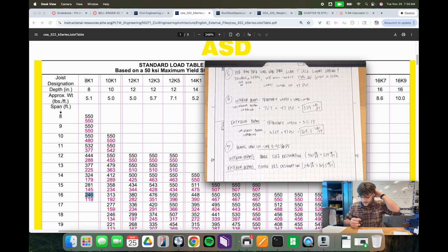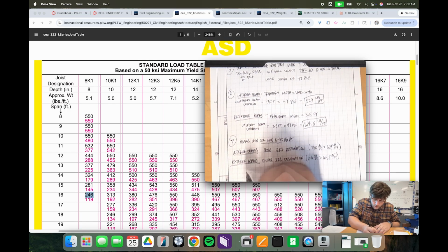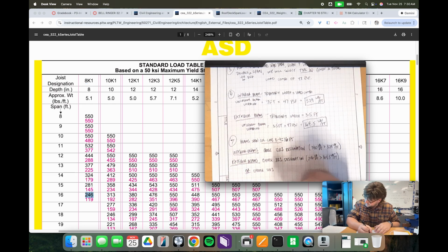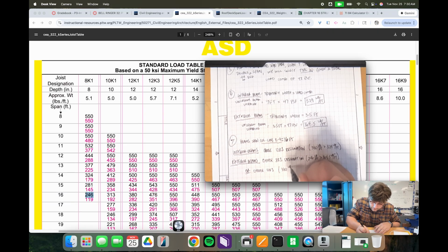However, you can specify or choose 12K1 right there, right? Just so that we have a similar depth and avoid a large number of varied joist depths. So it's 12K1, which is 380, so 380 pounds per foot, which is greater than the 164.5 by quite a bit, right?